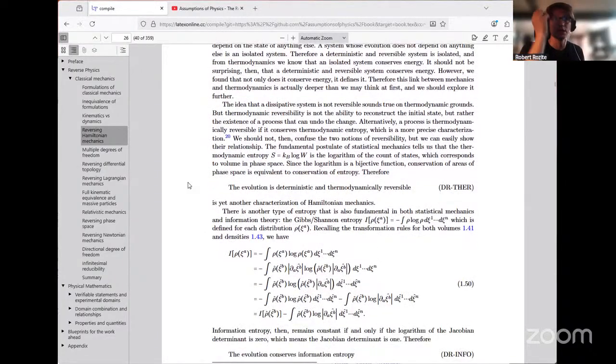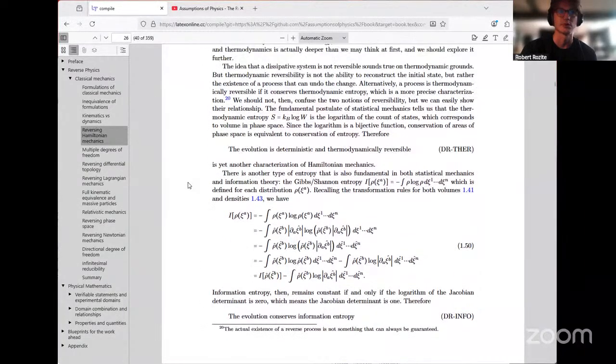The idea that a dissipative system is not reversible sounds true on thermodynamic grounds. But thermodynamic reversibility is not the ability to reconstruct the initial state, but rather the existence of a process that can undo the change. Alternatively, a process is thermodynamically reversible if it conserves thermodynamic entropy, which is a more precise characterization.